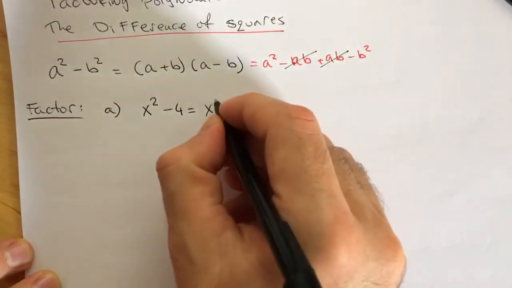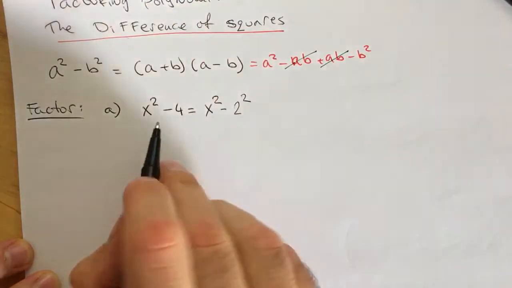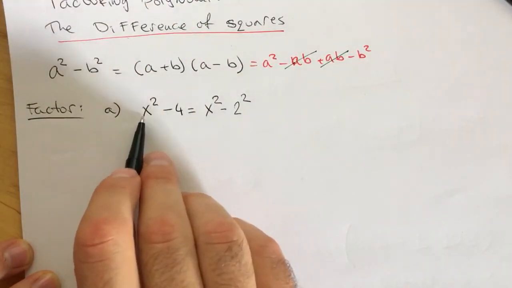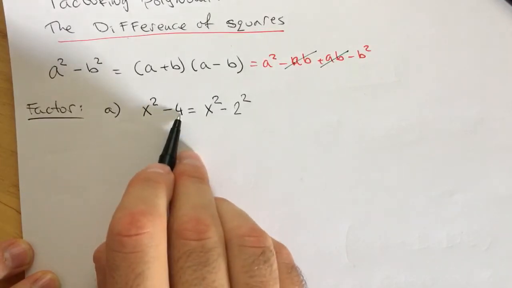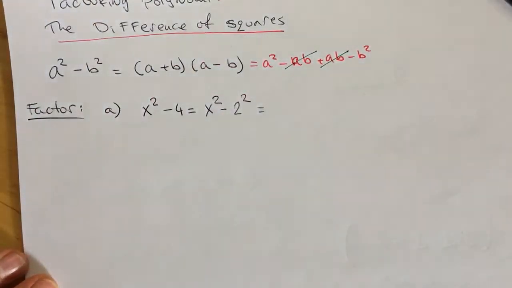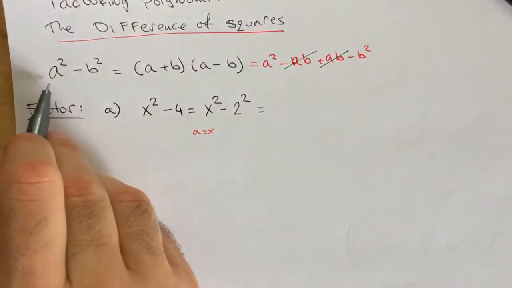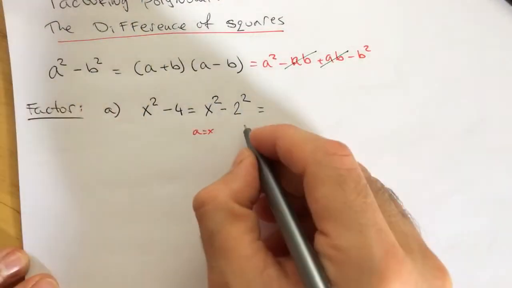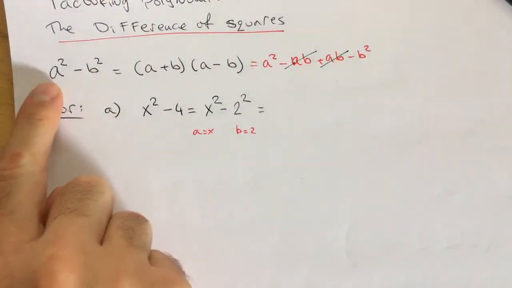So the only choice so far in this review of pre-cal is that we can use the difference of squares, because this is x to the power of 2, right? And then you can notice right away that 4 is nothing else but 2 squared. So now x is my a in this formula, and b is 2, right?